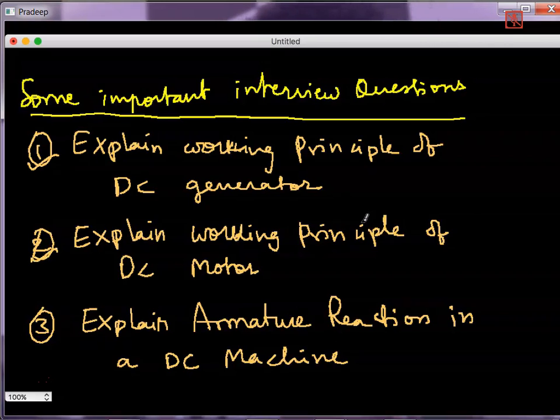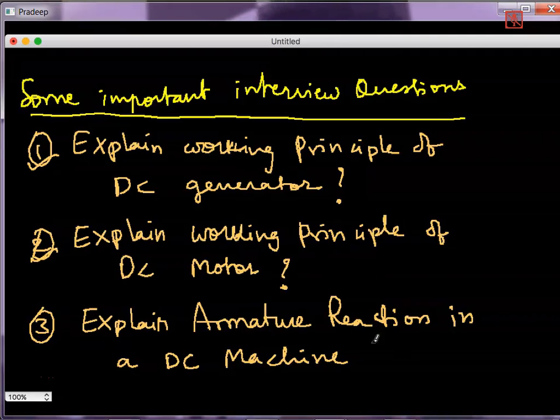So before we go forward, just take 2 minutes time, think about this. Suddenly you are in an interview and the interviewer asks you, explain working principle of DC generator. Can you explain? Yes or no? Similarly, explain working principle of DC motor. Can you explain? Do you know the working principle of DC motor? How it works?